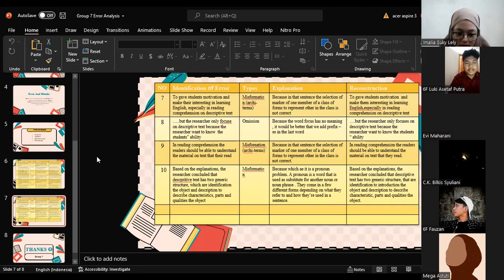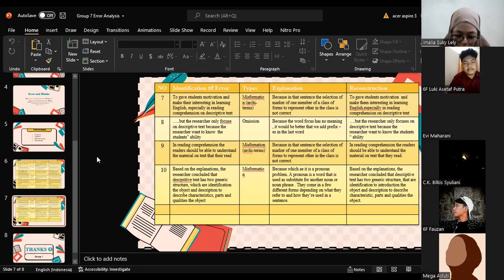read. Number 10, based on the explanation, the researcher conclude that descriptive text has two generic structure, which are identification, the object, and description, to describe the characteristic, parts, and qualities of the object. The type is misformations, because it is pronoun problem. A pronoun is a word that is used as substitute for another noun or noun phrase.